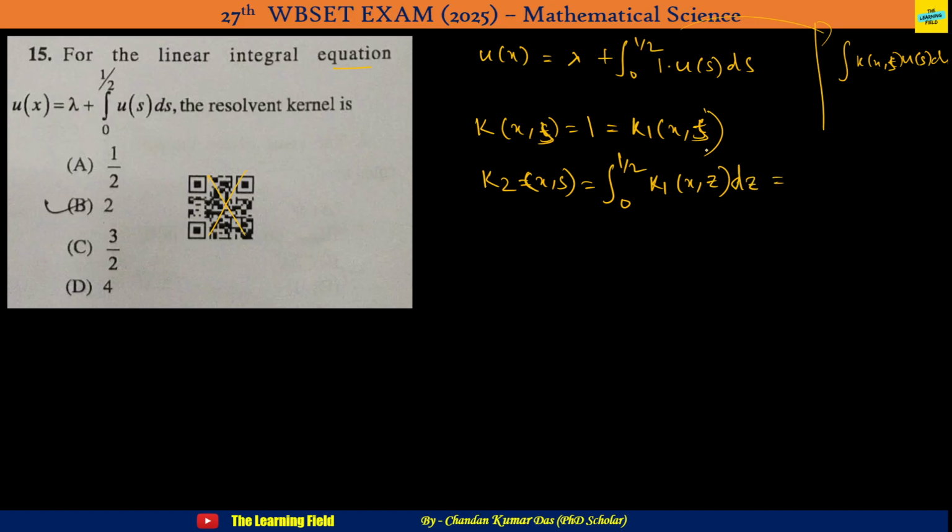K1 value is 1, a constant, so integration 0 to half of 1 dz is 1 by 2.